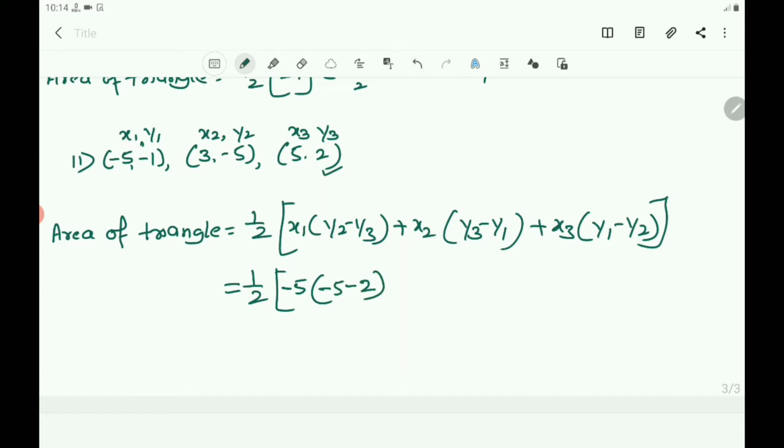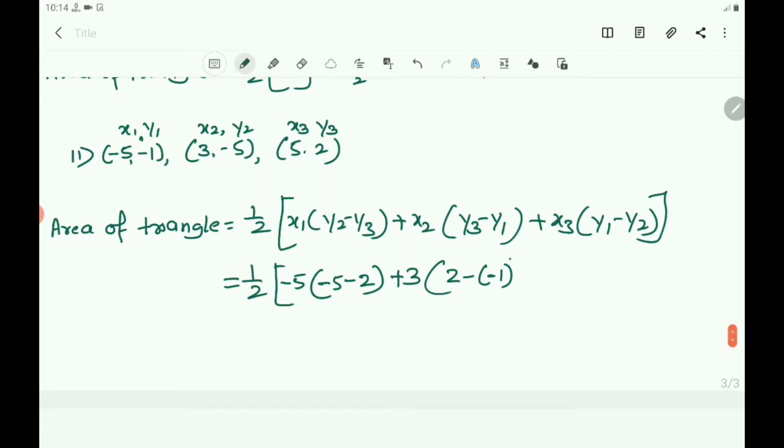Y3 is 2. Next plus x2 is 3 into (y3 is 2 minus y1). Y1 is here -1. So you write minus of -1 as y1 is -1.